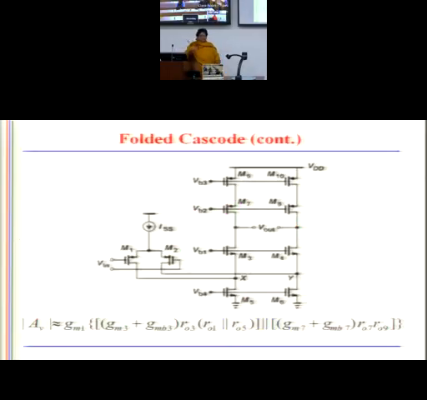First of all, look at this architecture. Assume an overdrive of 0.3, VT of 0.7. Compute OCMR and ICMR, because you may be asked. You should know where you should have your DC level, in which range your common signal can be.